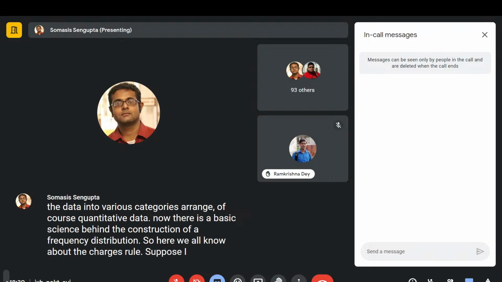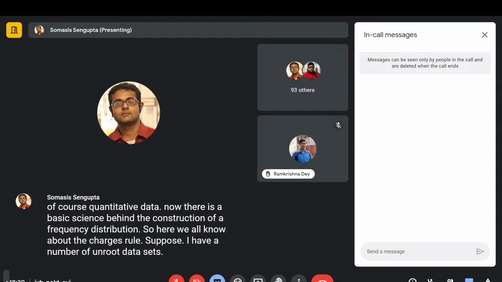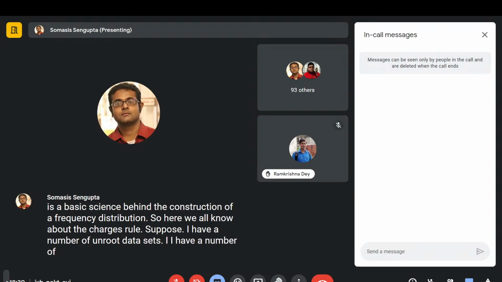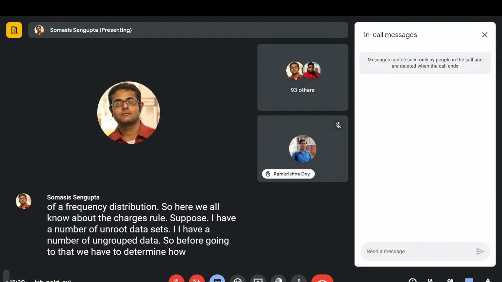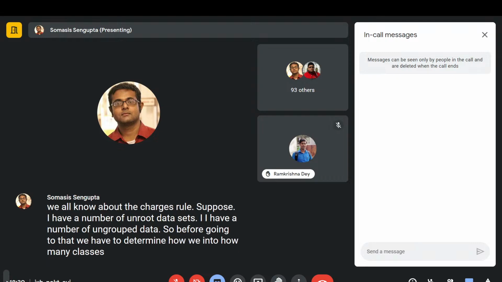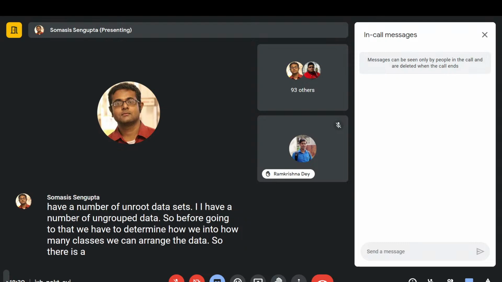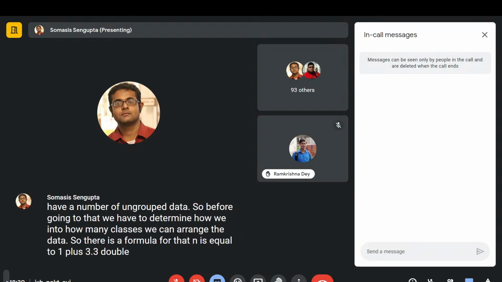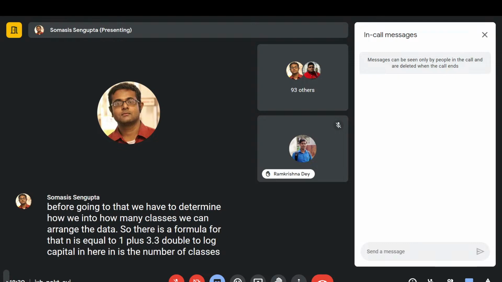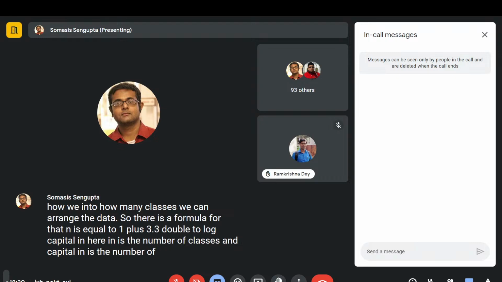Suppose I have a number of ungrouped data. Before going to that, we have to determine into how many classes we can arrange the data. So there is a formula for that: n is equal to 1 plus 3.322 log N. Here n is the number of classes and capital N is the number of observations.